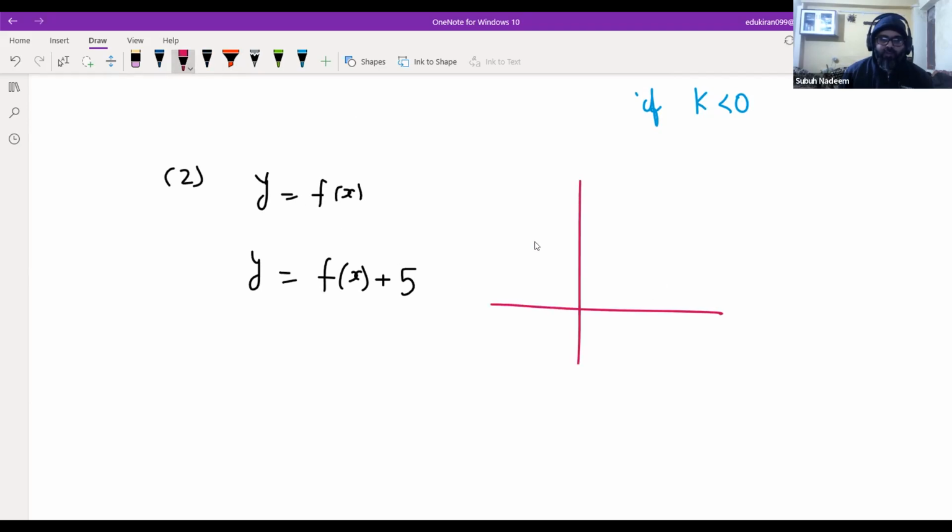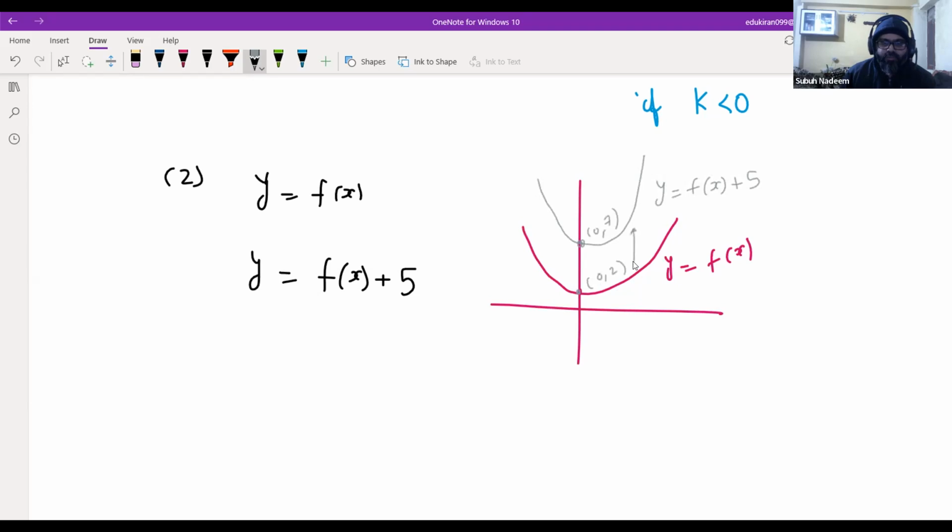If the graph of f of x is something like this, then y equals f of x plus 5 will be shifted upward by 5 units because the output is added by 5 units. So if it is passing initially at (0, 2), now it will pass at (0, 7). So there is a shifting of 5 units.